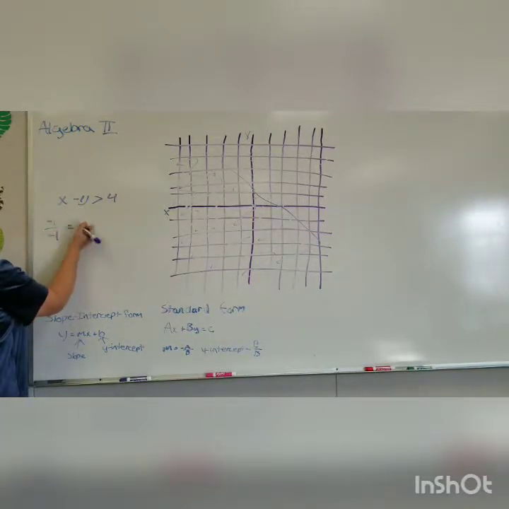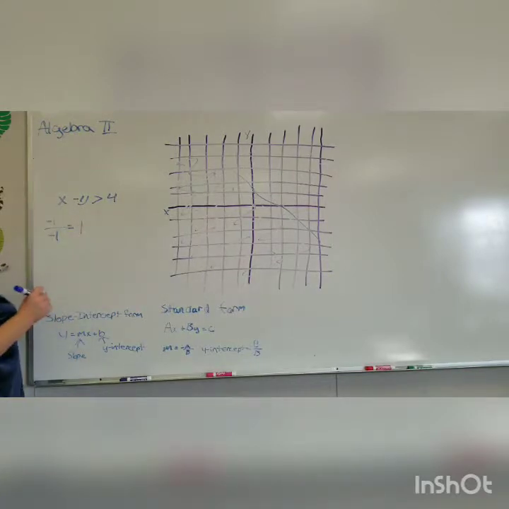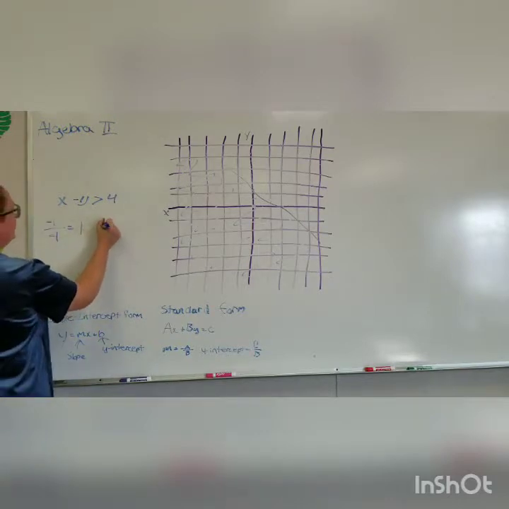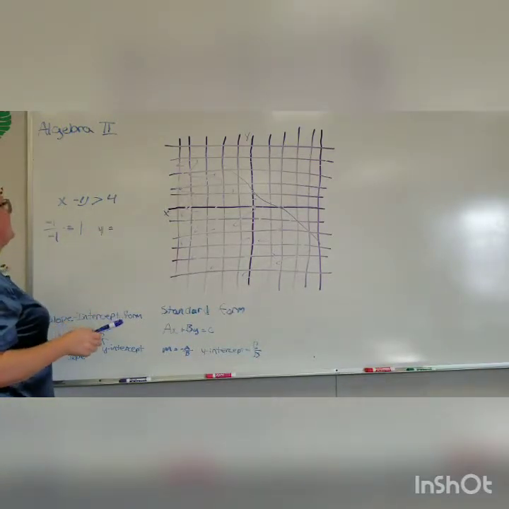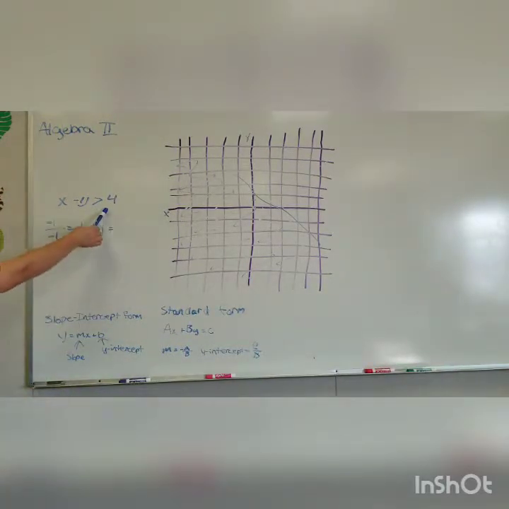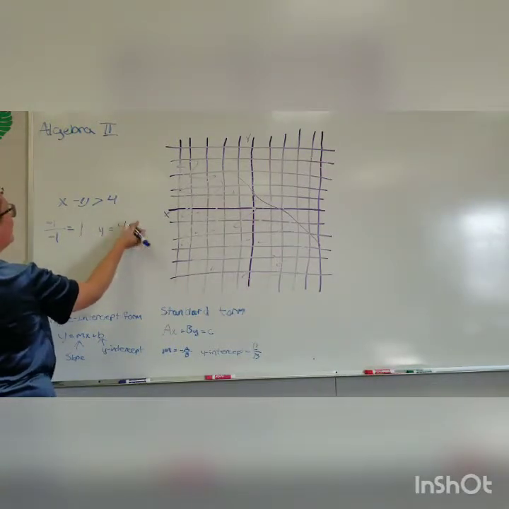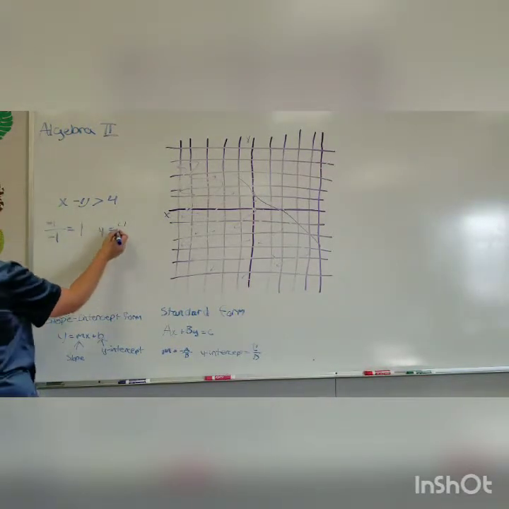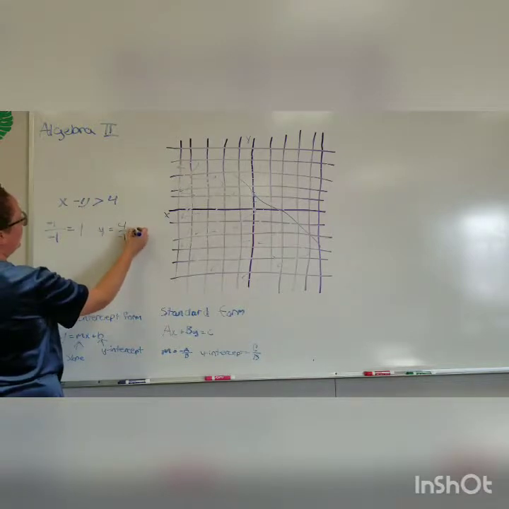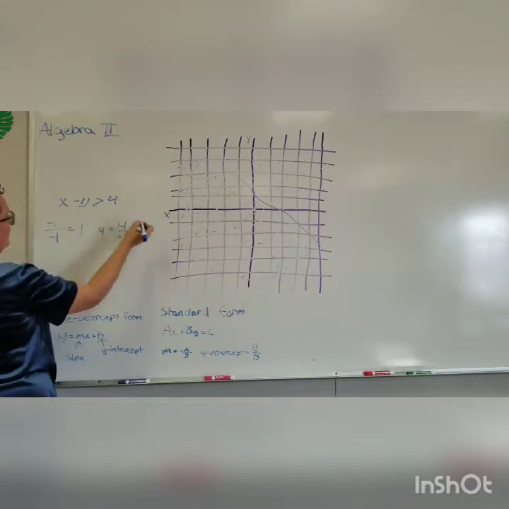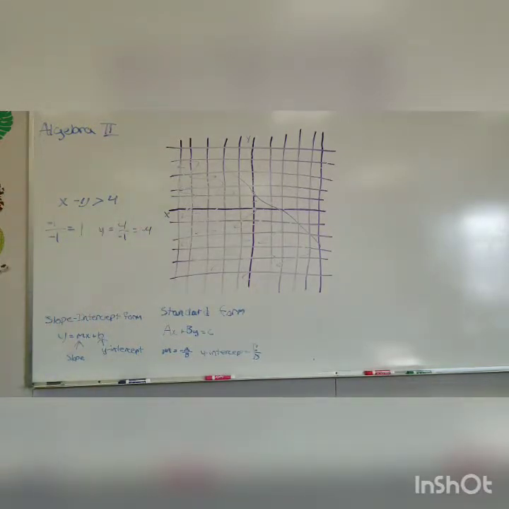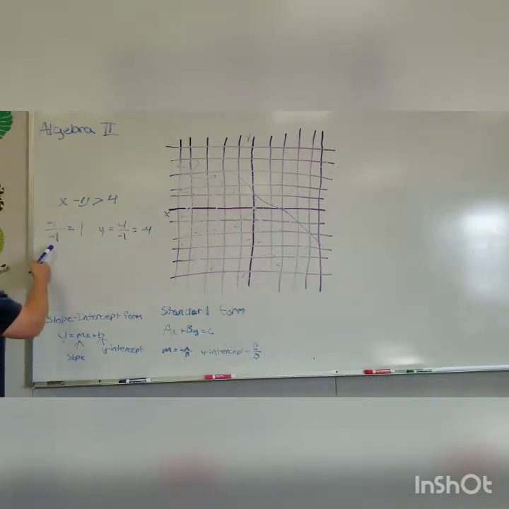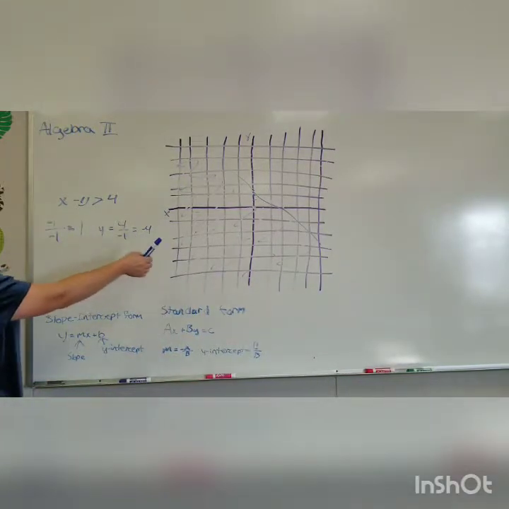Two negatives make a positive, so our slope is 1. And then our y-intercept is going to be c over b. C is 4 in this case. 4 over b, which is negative 1. 4 over negative 1 gives us a negative 4. All right? Negative 4. So that means this line crosses the y-axis at negative 4.